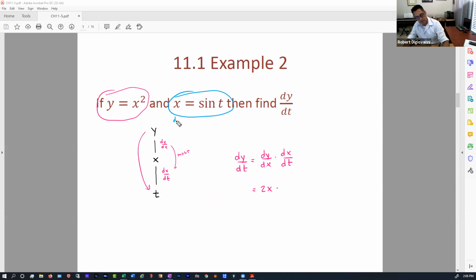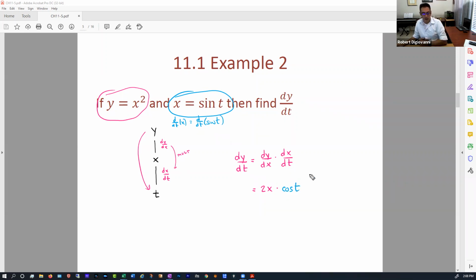And I'm doing the derivative with respect to t on the left, derivative with respect to t on the right. I didn't show that on the previous one, maybe I should have, but I'm taking the derivative with respect to t on both sides. So the left side is dx/dt, and that will just be the derivative of sine of t with respect to t, which is just cosine t.